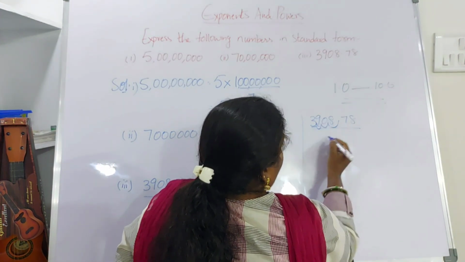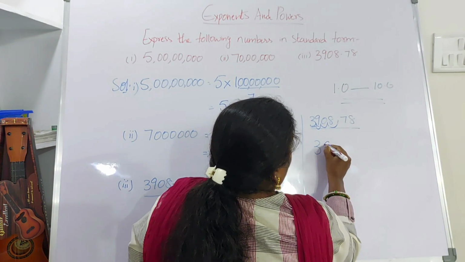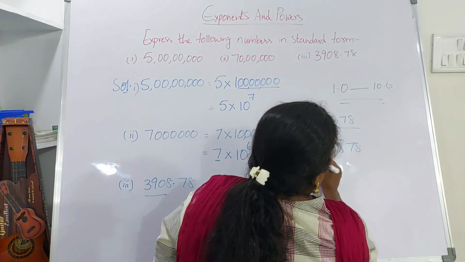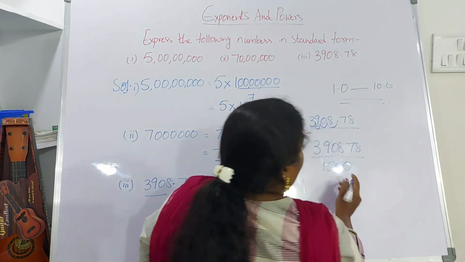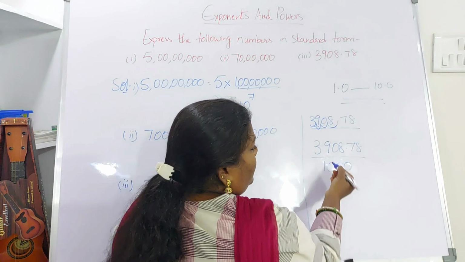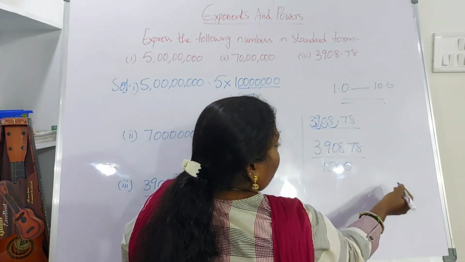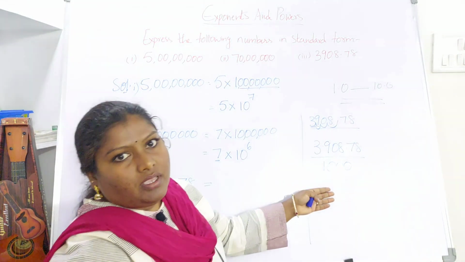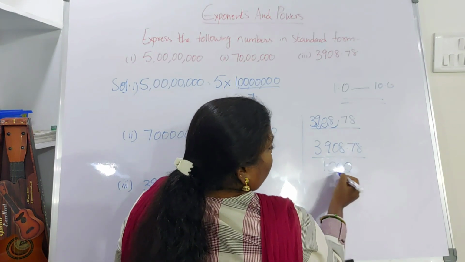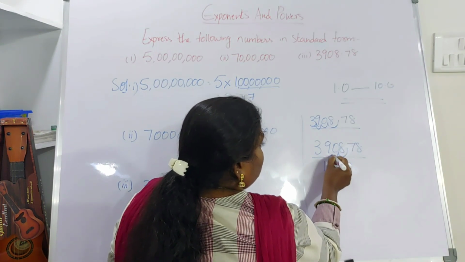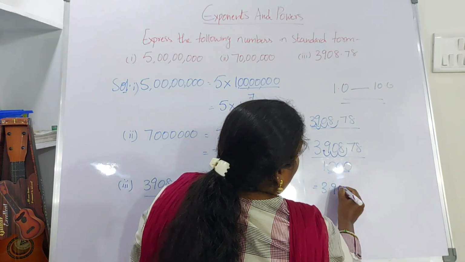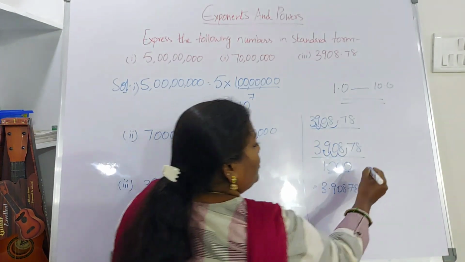So let me divide this fraction 3908.78 by 1000. Whenever you divide any number, the value gets decreased, and the point will shift. So here the value will decrease 1000 times, that is 1 2 3. So you are going to get 3.90878.